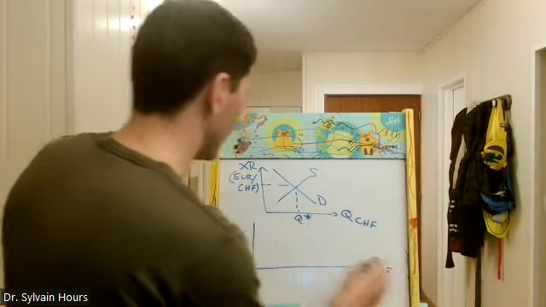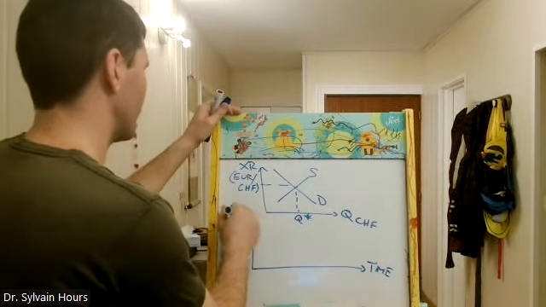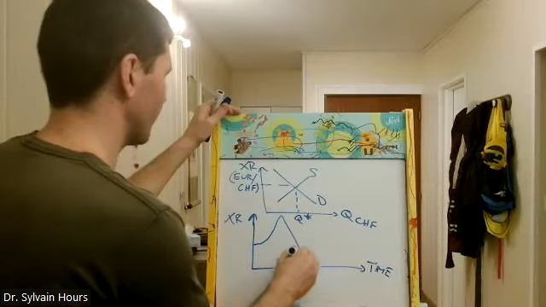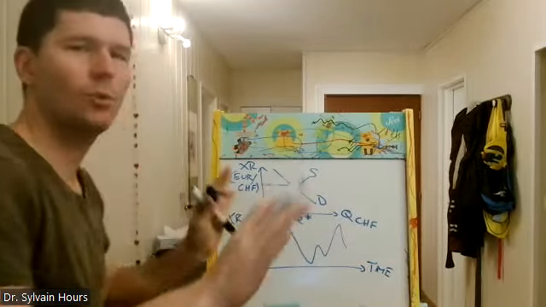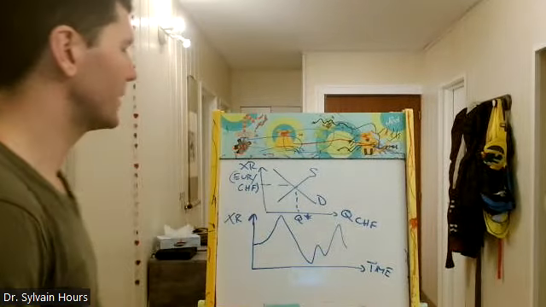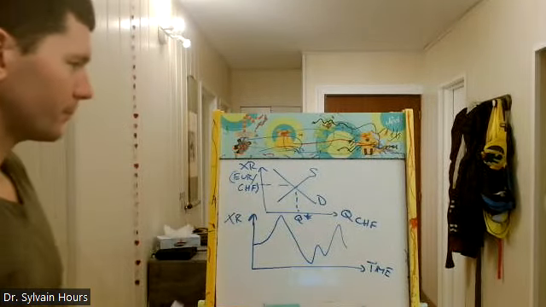So if you draw another diagram where you have time, and here you have the exchange rate, it can go very, very high and then become very low. It can go anywhere, right? There is no ceiling, there is no floor, it can be absolutely anything.